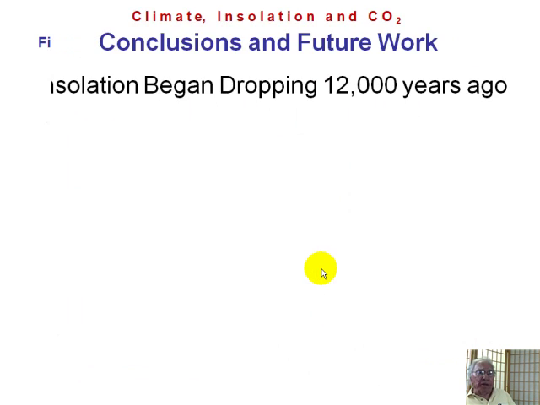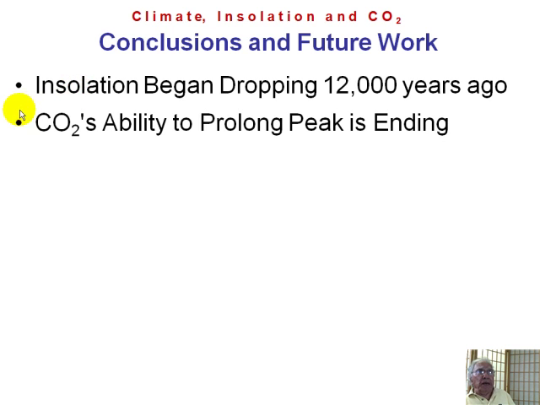So I believe that we're near the end of the talk. My conclusions are that insolation is the primary driver. It started dropping about 12,000 years ago, and if CO2 is prolonging the peak of temperature we're on, we are probably getting near the end of that.